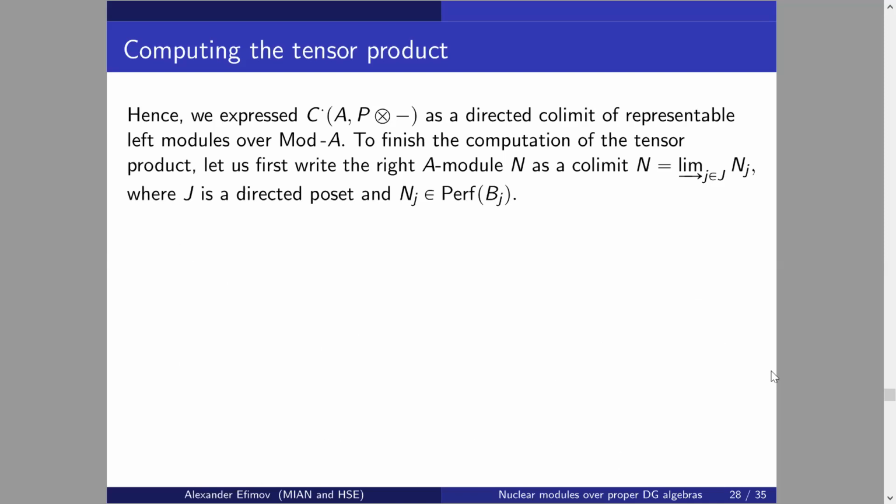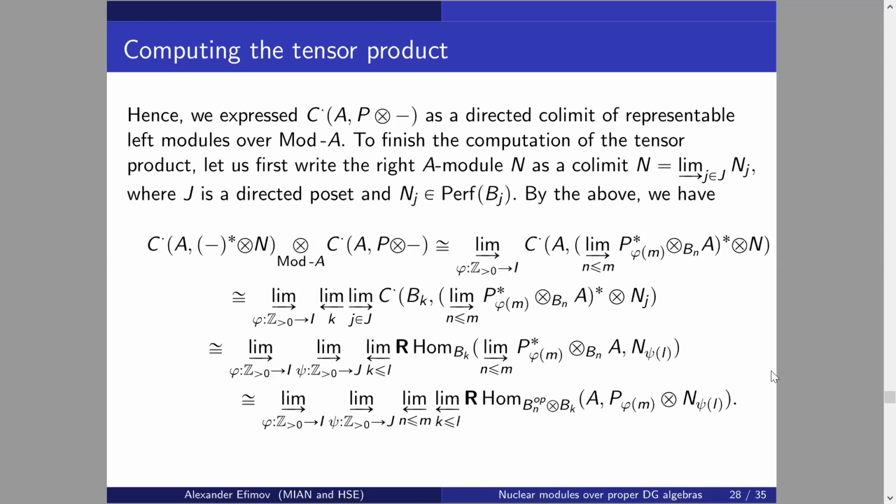We also represent N as a directed colimit of perfect modules. Then, applying the previous computations and again playing with limits of colimits, we are reduced to the following.